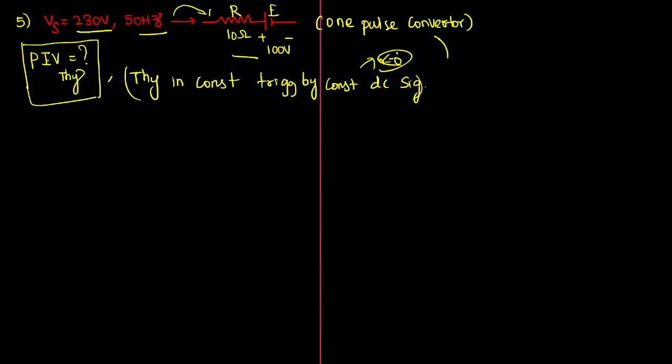So one pulse converter basically is called what? Half wave rectifier. How are we giving this name? It depends on the number of pulses that we observe in the output.